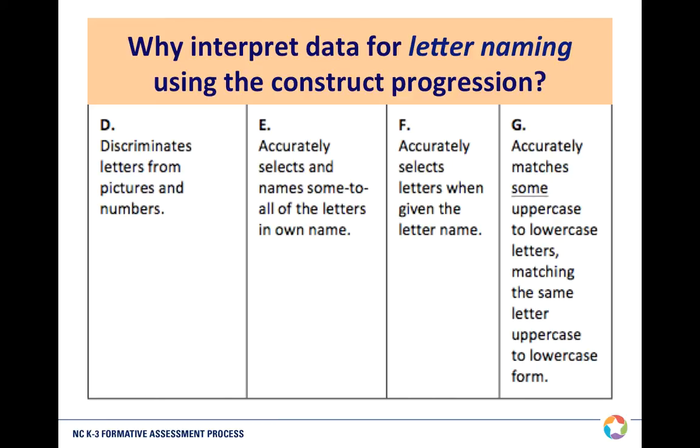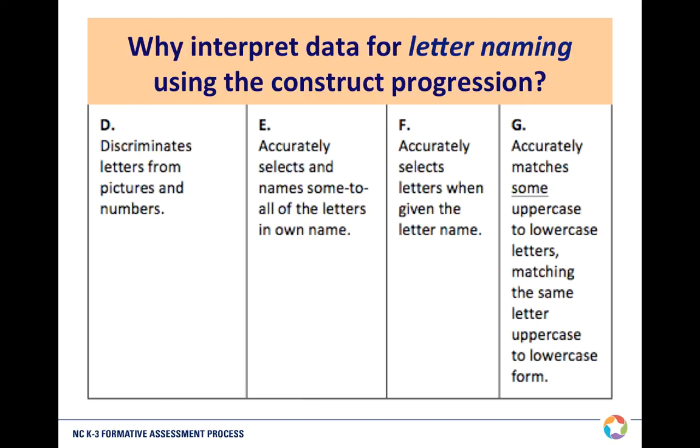So suppose you have students that can accurately name some to all of their letters. Find where they would be along that progression. What this does is help you discover what their learning target would be. If you know where they are, that's what we call their current learning status.